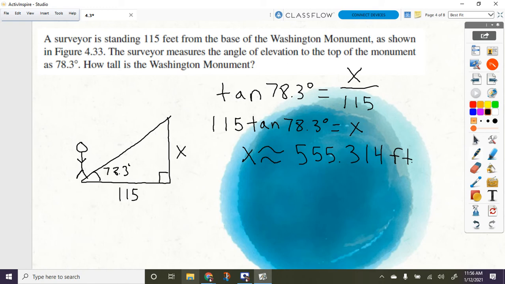So there you go, it's pretty accurate. So our surveyor did a pretty good job surveying. Good job. Questions on this one? Yes, no, maybe? Alright.